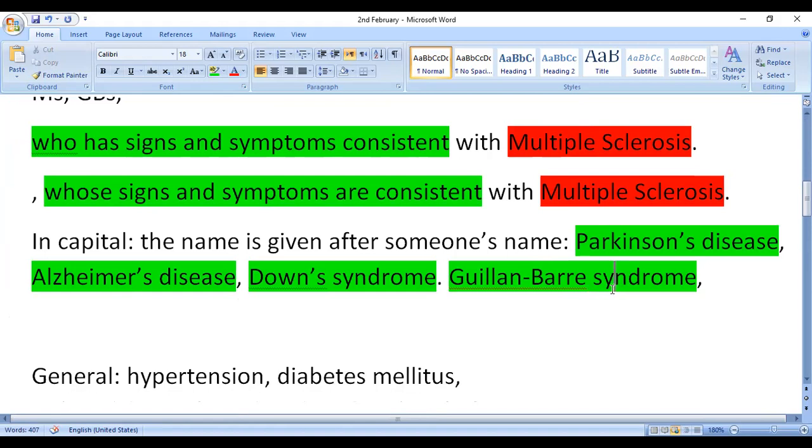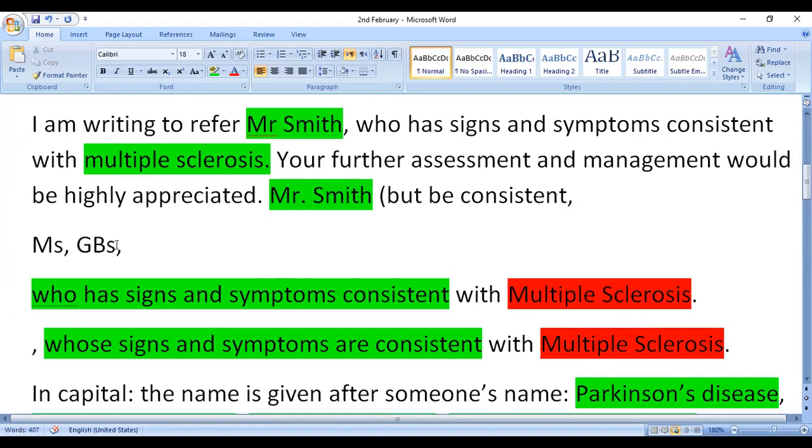When you write the complete name, write it normally, but when you write the abbreviation, we should write all capital. Multiple sclerosis: M capital, S capital. Diabetes mellitus: D capital, M capital. Hypertension: H capital, T capital, N capital. Like this.